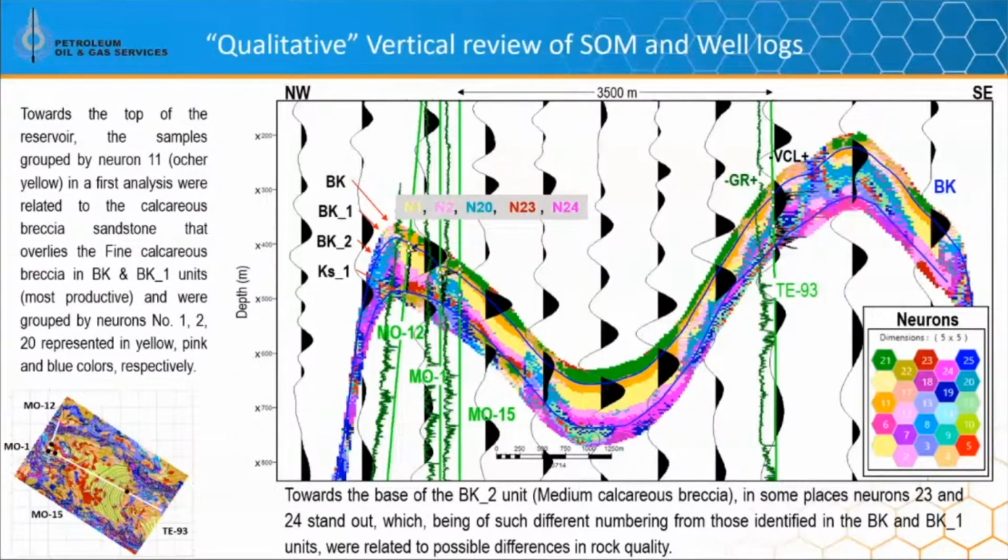Towards the base of the BK2 unit, the facies are medium calcareous breccia, not fine as at the top.